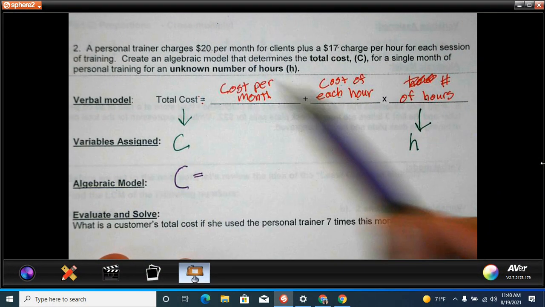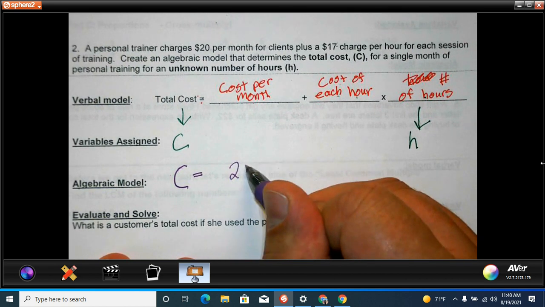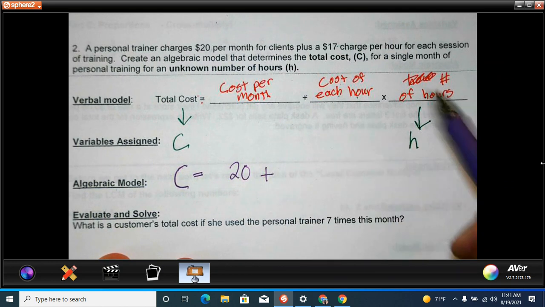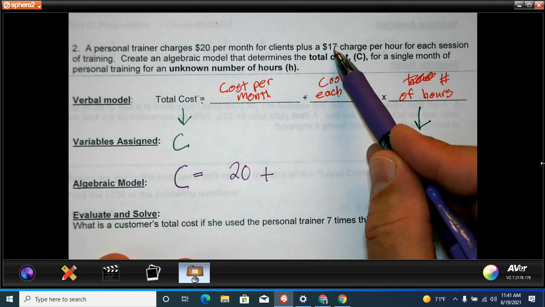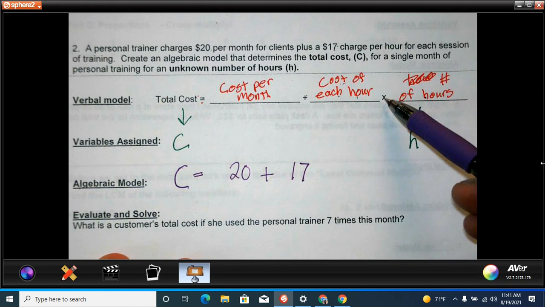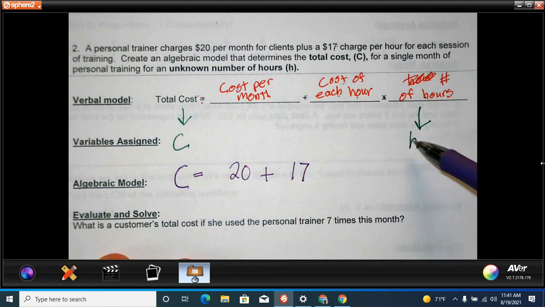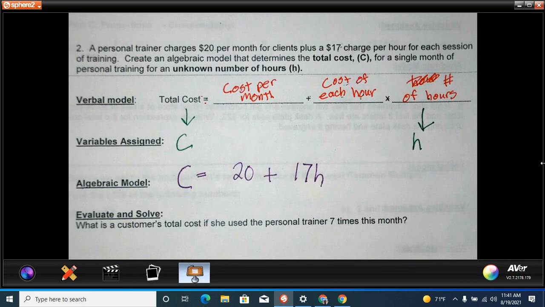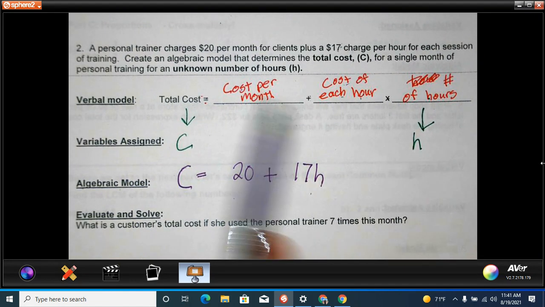That's $20 plus the cost of each hour. That's given, $17, times the number of hours, and that was our variable. So we just made everything a whole lot easier by doing all this other work.